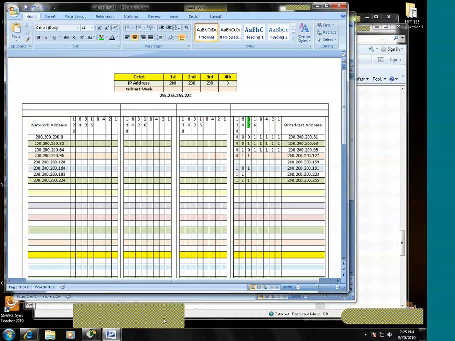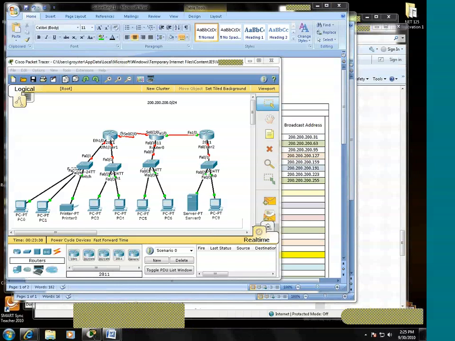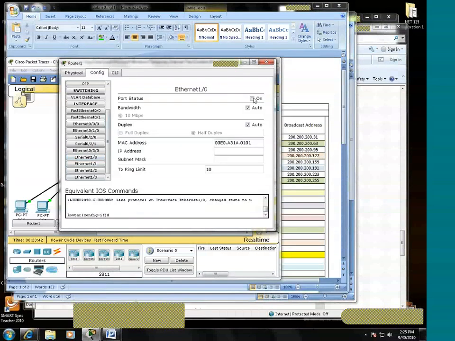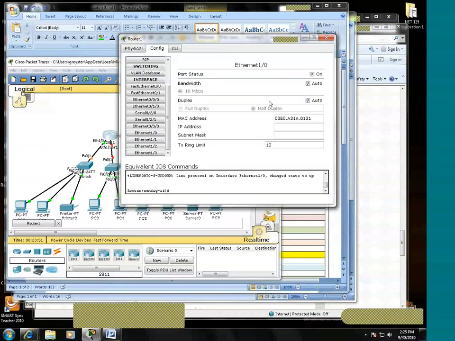All right, now let's apply this to the diagram. This particular interface, which is E1/0. Okay, I'll turn on the interface so we'll get a green light. Okay, what's a good IP address for this particular network?